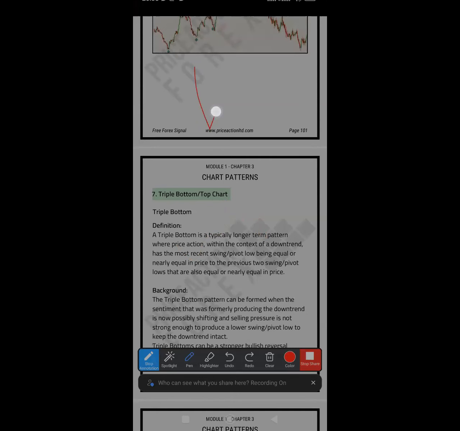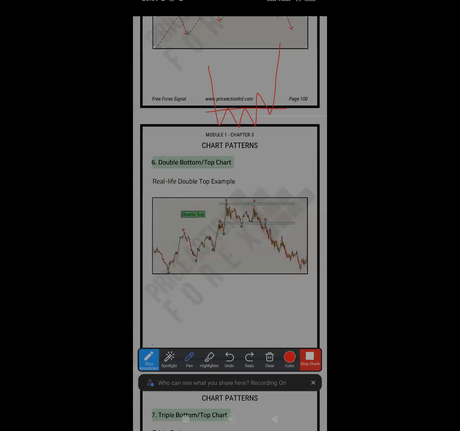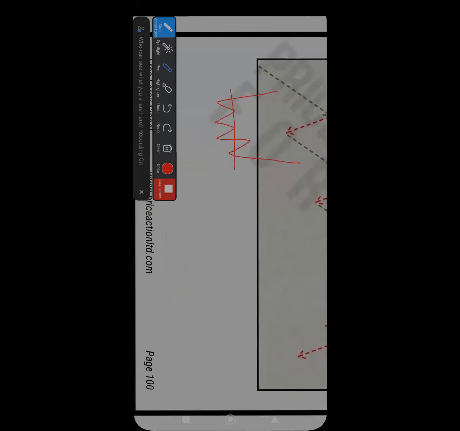Which means the lows that were nearly equal to each other are three in number. That's why they call it triple top, triple bottom, instead of double bottom. So there is no differentiation between them.